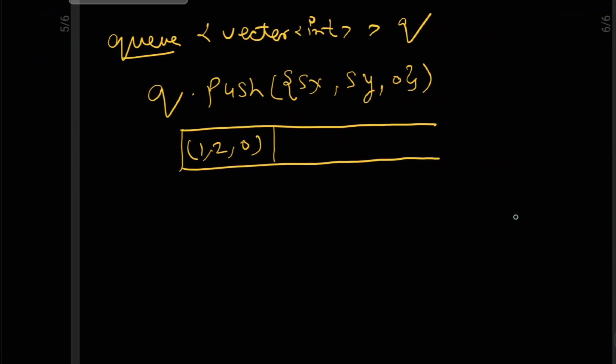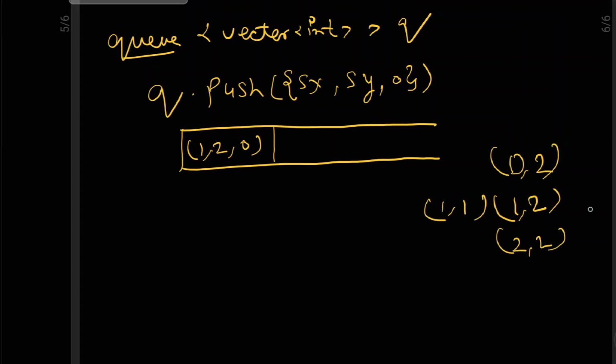If this is 1, 2, then upward is 0, 2, downward is 2, 2, leftward is 1, 1, and rightward is 1, 3.